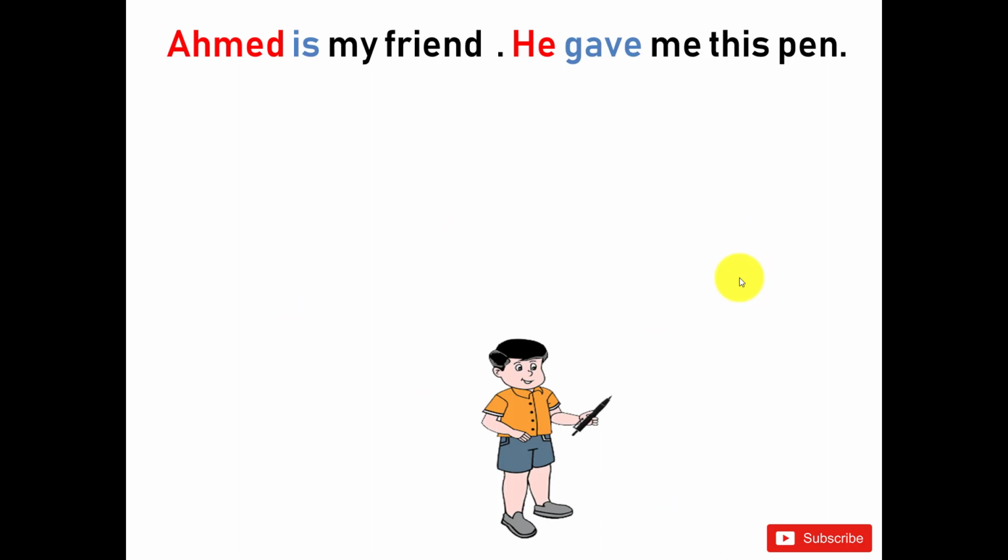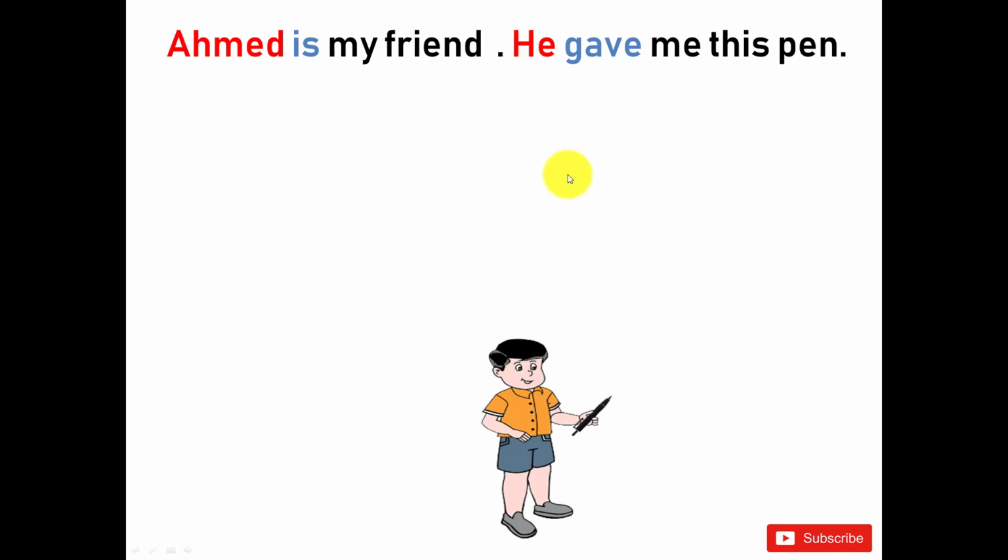Look at the example here. Ahmed is my friend. He gave me this pen. How many sentences do we have here? Good. We have 2 sentences. We have Ahmed is my friend and he gave me this pen. Good. Each sentence has a subject and a verb, right?